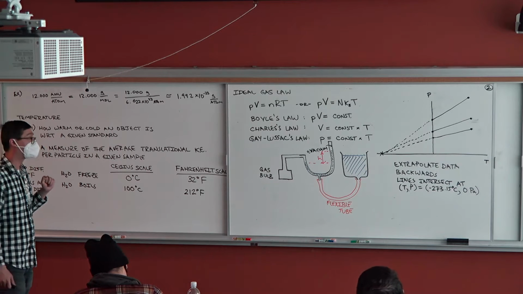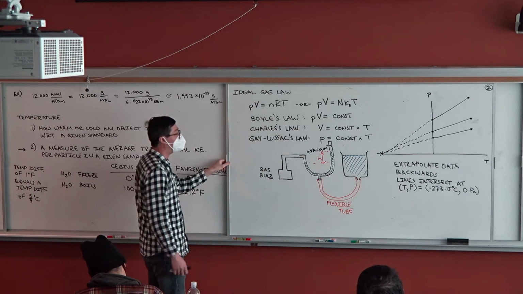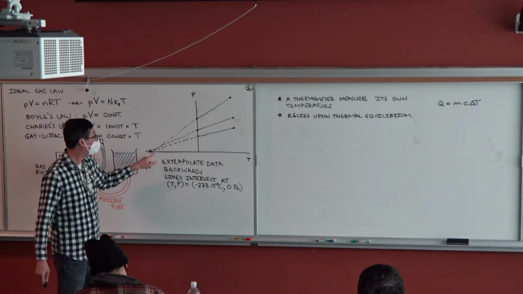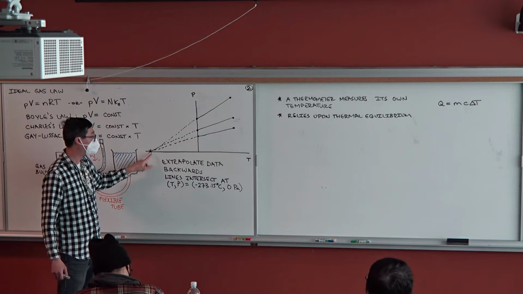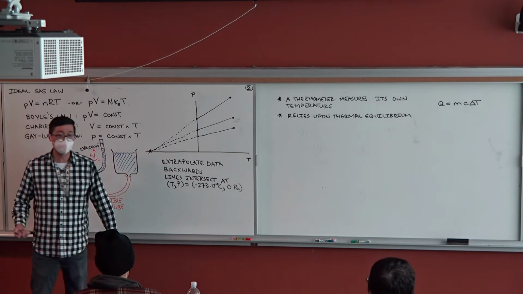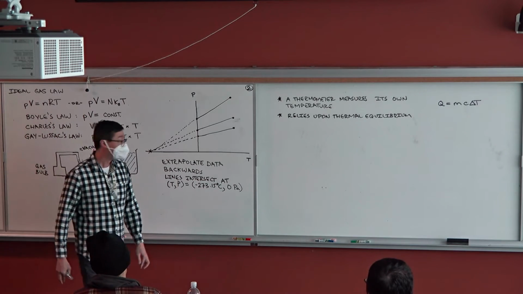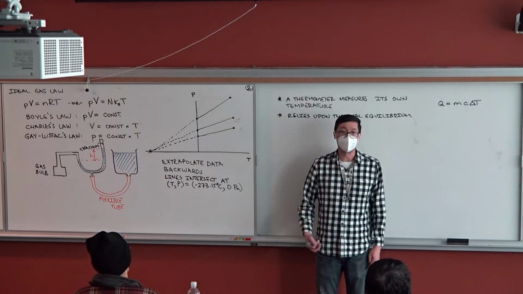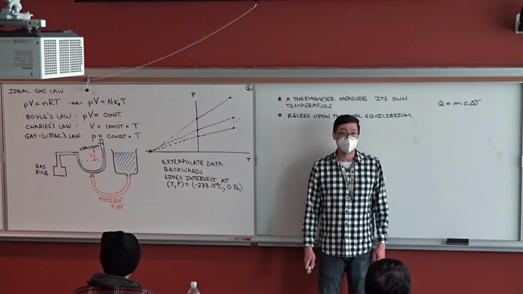What I'm going to tell you is this value, minus 273.15 degrees Celsius, is also what we're going to call absolute zero, 0 Kelvin.